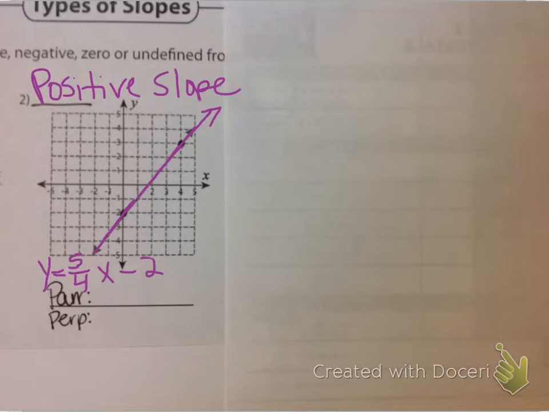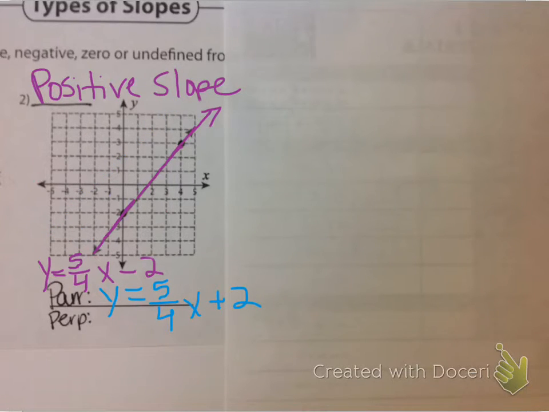I'm going to go ahead and pick a nice y-intercept and go with that one right there. And as long as we have the same slope, it's parallel. So we're going to have y equals, same slope from right here, 5 over 4x, and my new intercept is positive 2.